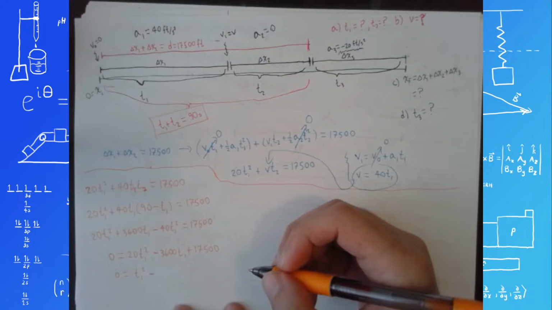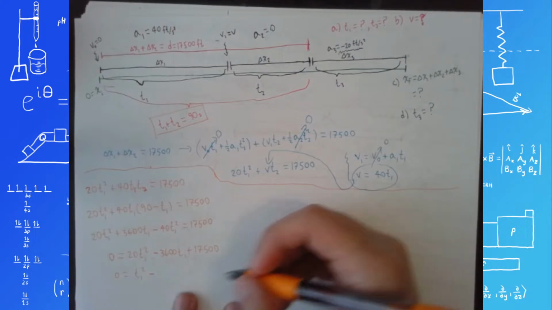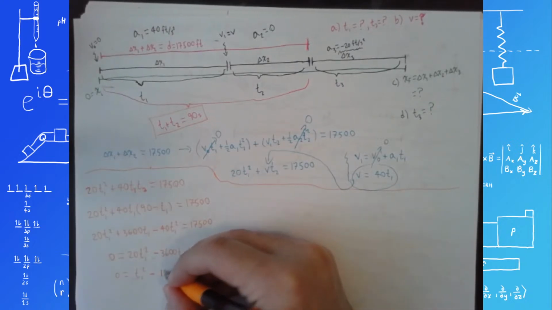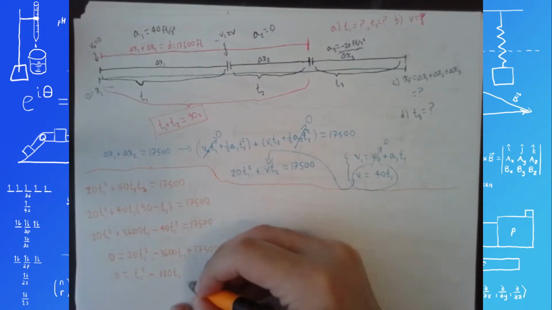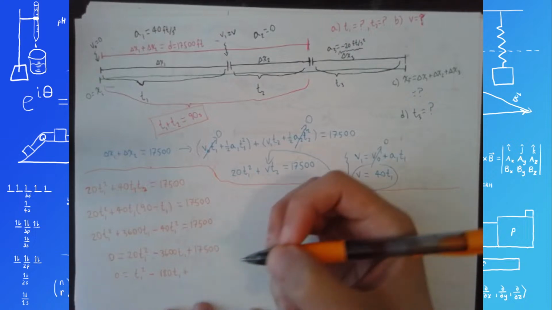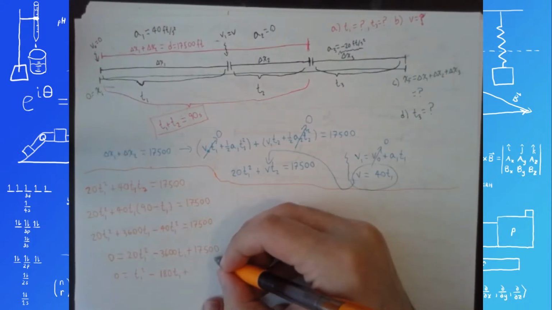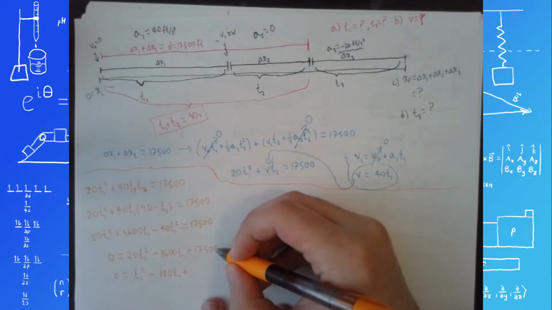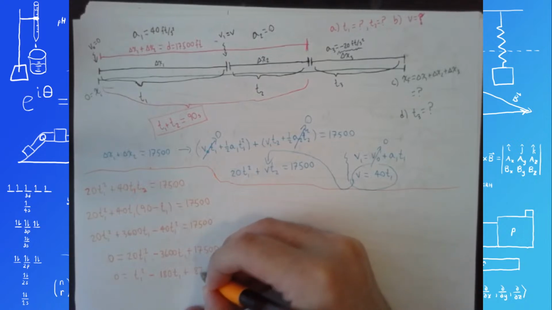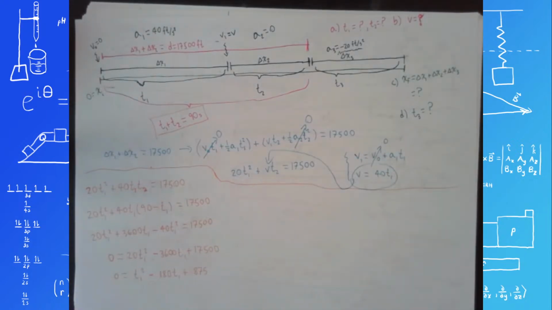Divided by 2 gives us 18, and dividing by 10 removes one of the zeros, so we get 180. And then 17,500 divided by 20. Remove a 0 and divide by 2: 1750, 875 if I'm not mistaken. Let me double check that one with my calculator. 17,500 divided by 20. 875. All right, I've still got it.